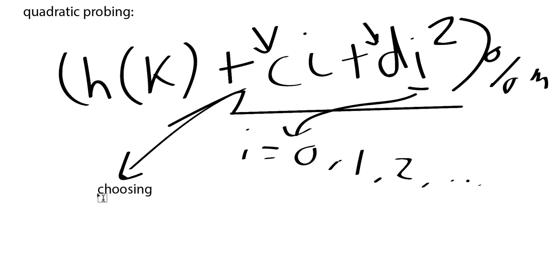A bad choice of c, d leads to unused slots. Okay, so we do have to be a little careful when we choose c and d. Okay, so that's quadratic probing, and also we have double hashing.